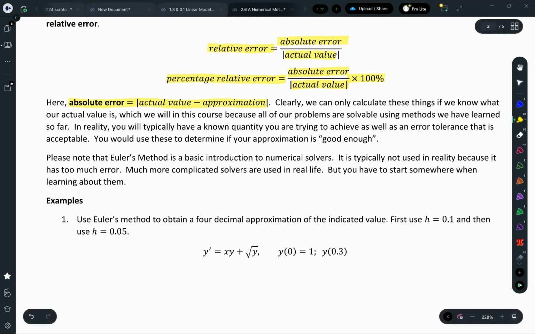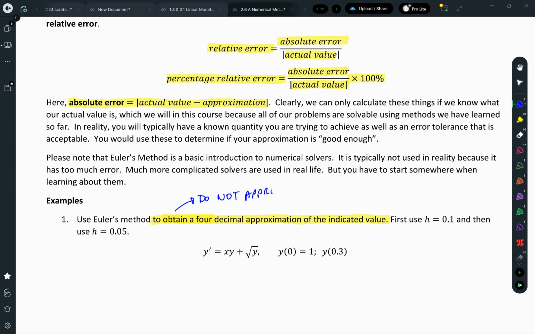One thing I want to note right here is that if we want to obtain a 4-decimal approximation of the indicated value, this means that we do not approximate throughout. We wait until the final calculation is made.